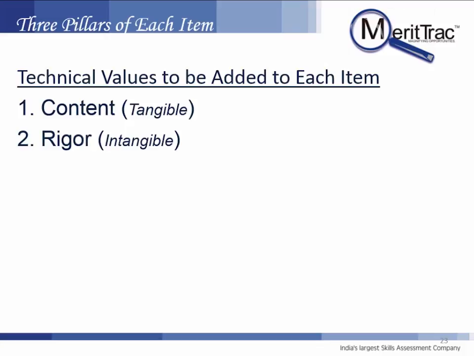There could be a debate at some point of time, but that's also very important agreement we must come to before we deploy any particular item. And third is also very important, that is cluster, which is again a bit intangible, and here we need to indicate which particular abilities we are testing using these items.